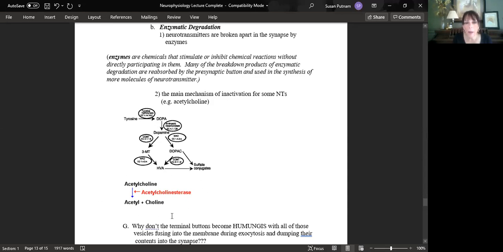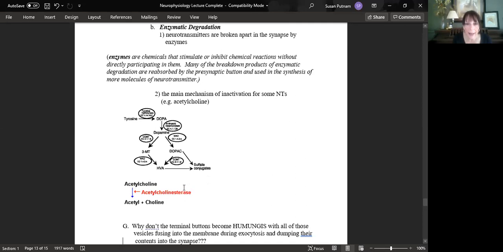This one is beautifully simple. Love it. Acetylcholine is actually most frequently inactivated by enzymatic degradation. And I love it. If I ruled the world, everything would be named like this. Acetylcholine.